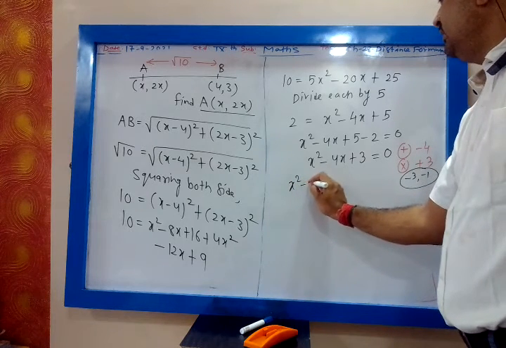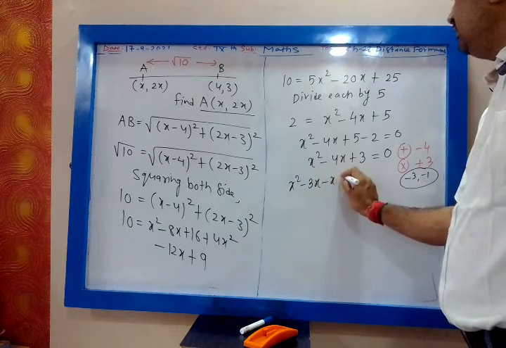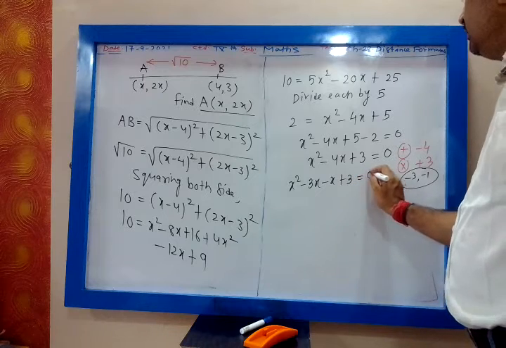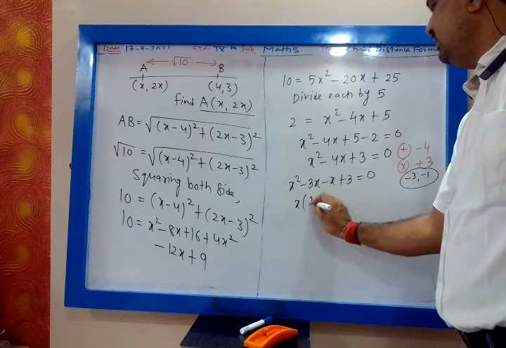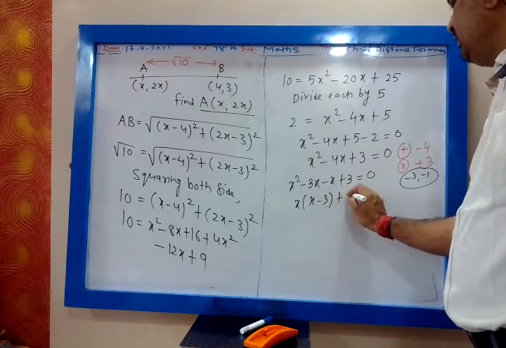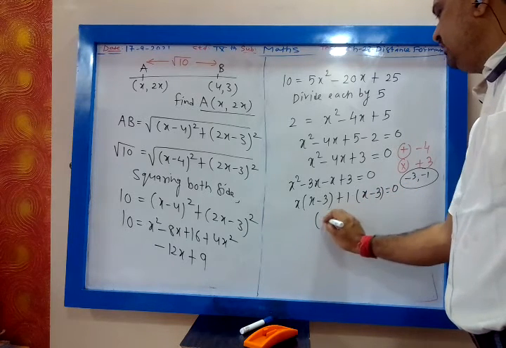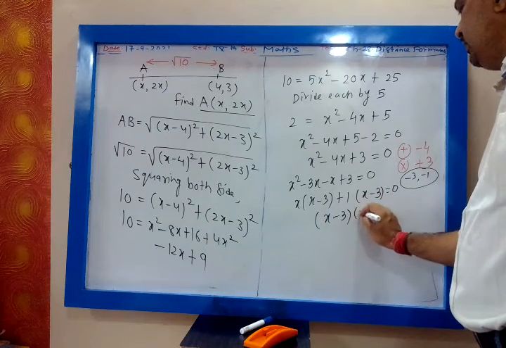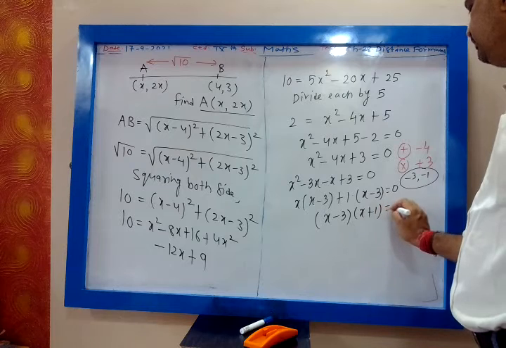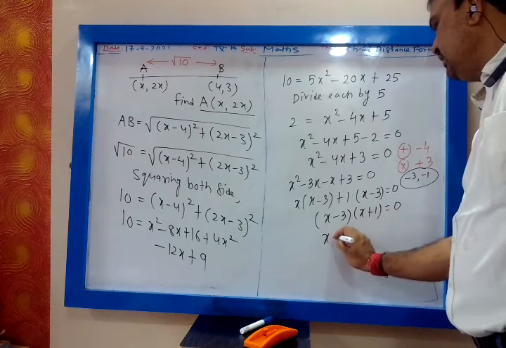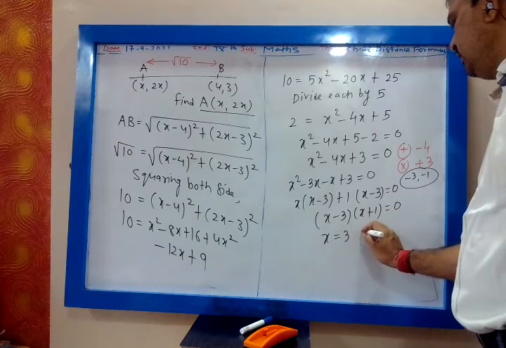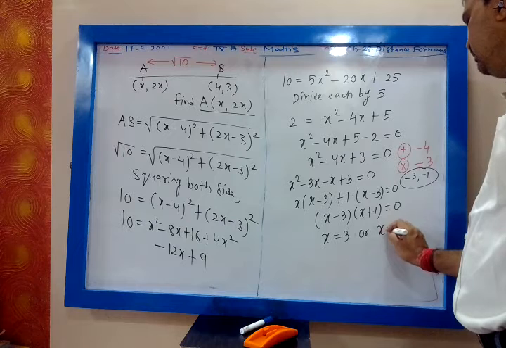So x square minus 3x minus x plus 3 is 0. That gives x into (x minus 3) minus 1 into (x minus 3) is equal to 0, so (x minus 3) into (x minus 1) is 0. So x is equal to 3 or x is equal to 1.